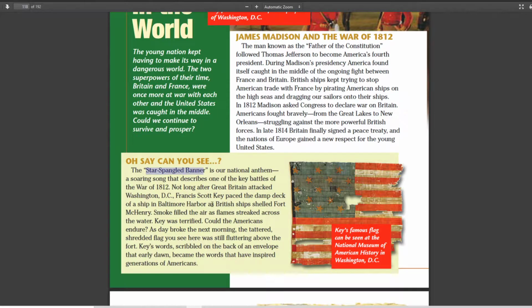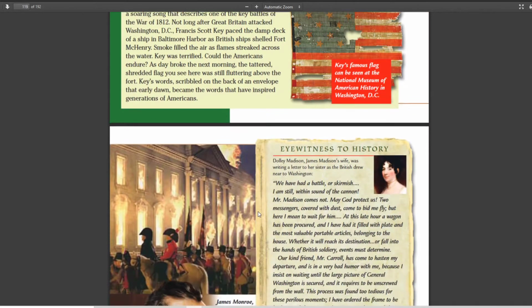He's in Baltimore Harbor, and the British, with their mighty navy, are shelling Fort McHenry, and it just looks like there's no chance for the Americans to survive. And so he's worried about them. And then the next morning, he sees that American flag above the fort, and he just puts together these words that become our national anthem. So it's actually a pretty cool story if you ever get to look into it.